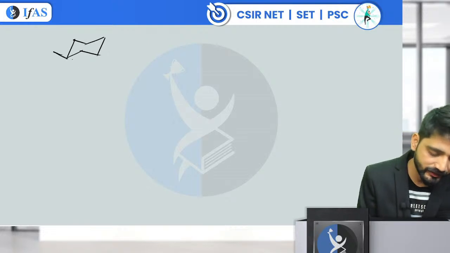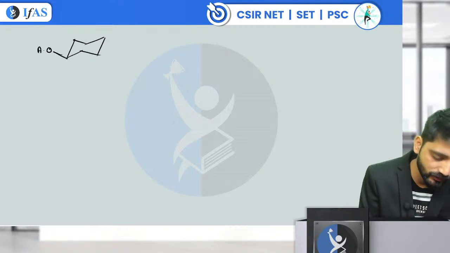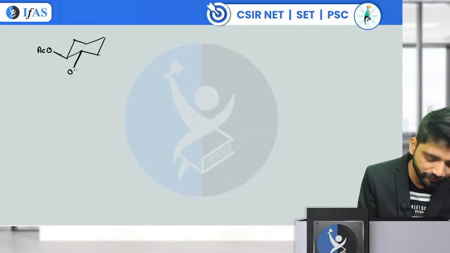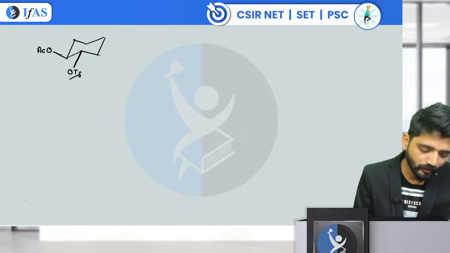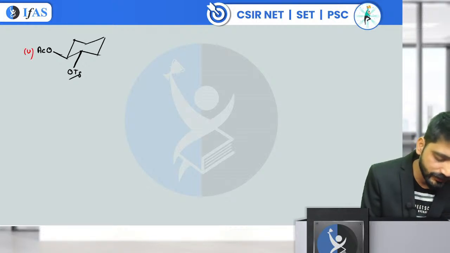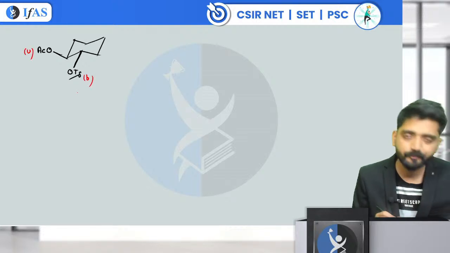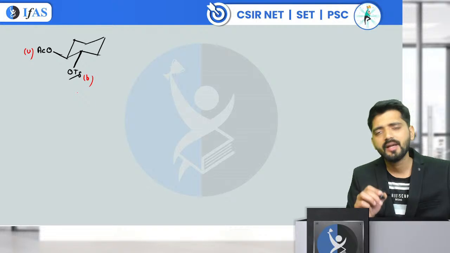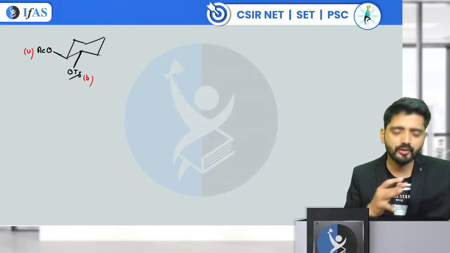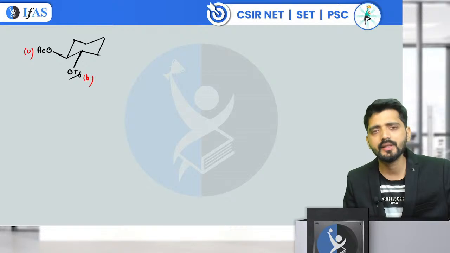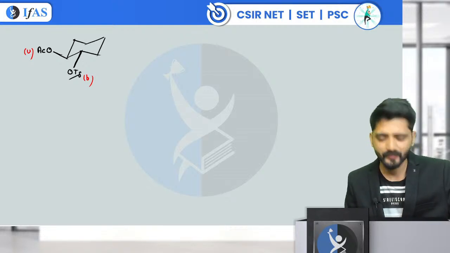Now at this center I have placed an OAc group at an equatorial position, and at this center I have placed my OTs group at an equatorial position. If you look properly, this is above the plane and this is below the plane. U stands for above and B stands for below. My first choice was to keep both of them at the equatorial position.